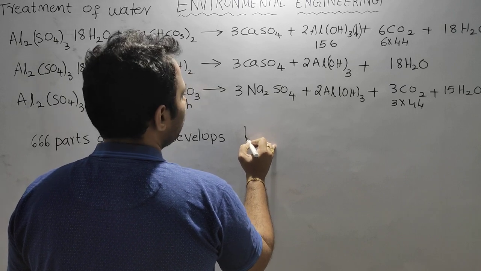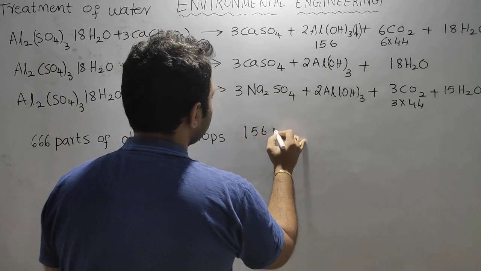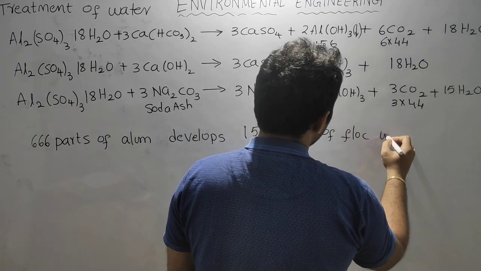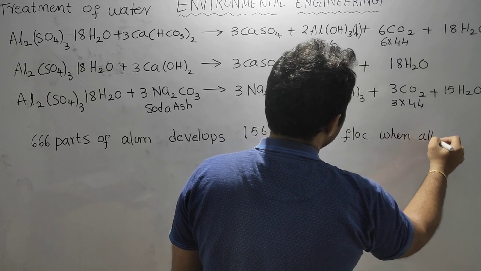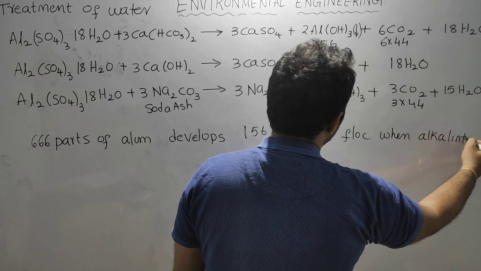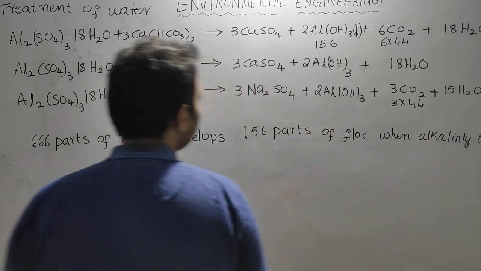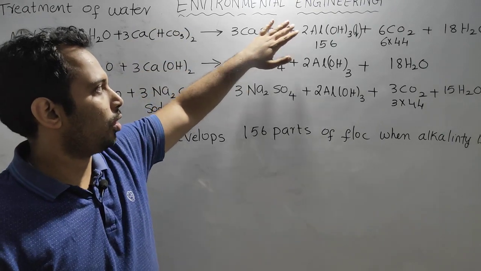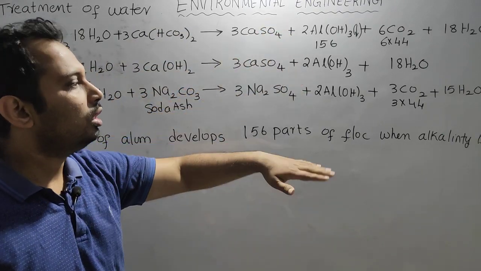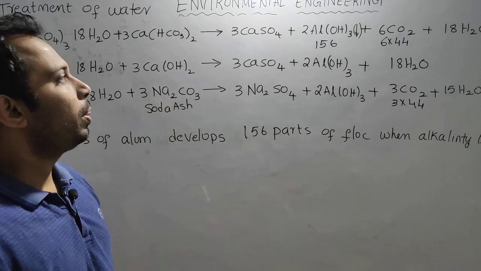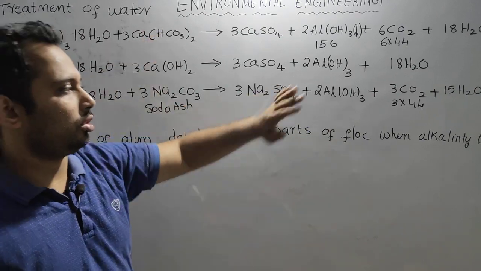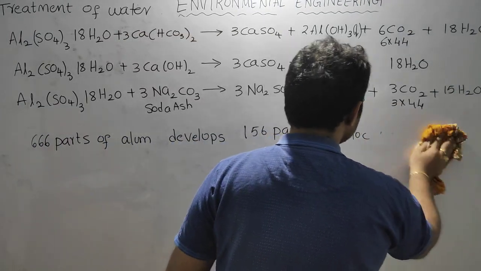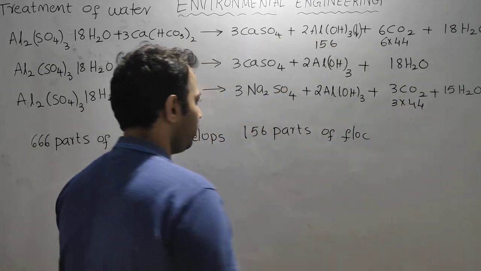develops 156 parts of flock when alkalinity is provided. Whatever the alkalinity, it is the same value, 2Al(OH)3. So there is no need to specify the alkalinity, because for all kinds of alkalinity it is 156 parts only.